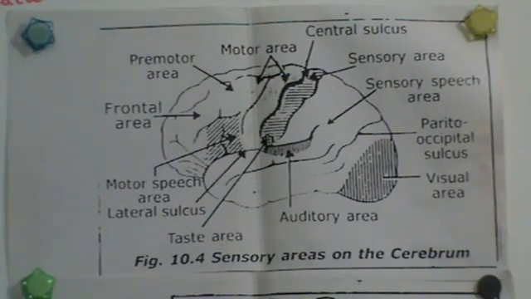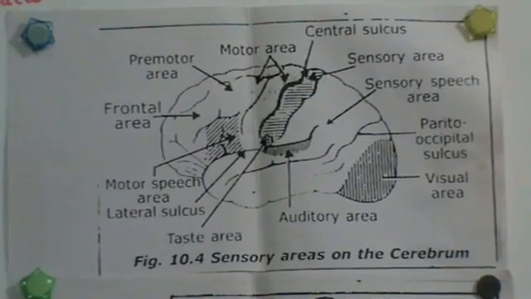In the occipital lobe you have the visual areas located, and in the lateral lobe you have the auditory areas located. The taste area is located in your parietal lobe. Fine. So those are your different areas which are located in different lobes, and this is your ventral side view to show the two hemispheres. This is one of them, this is the other hemisphere, right?